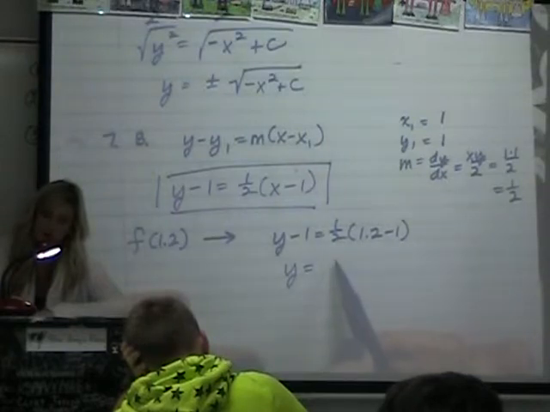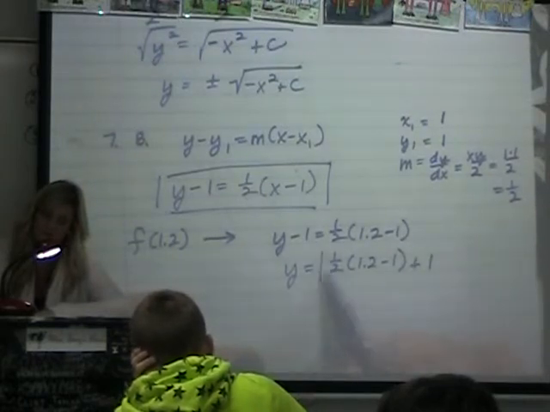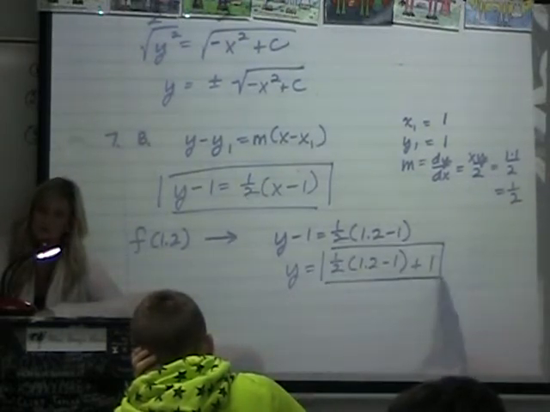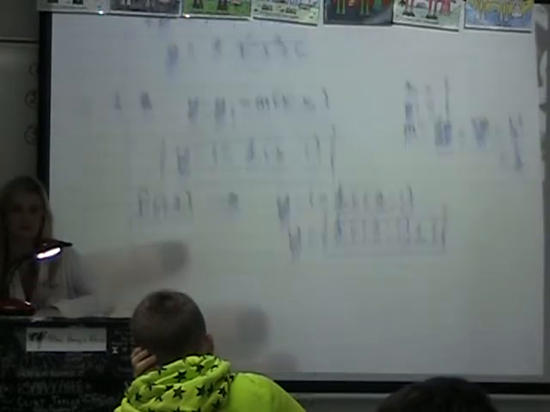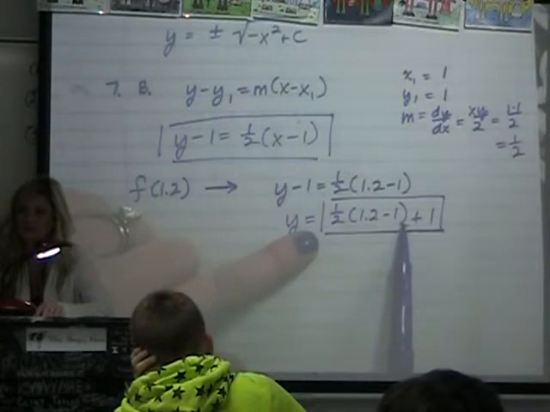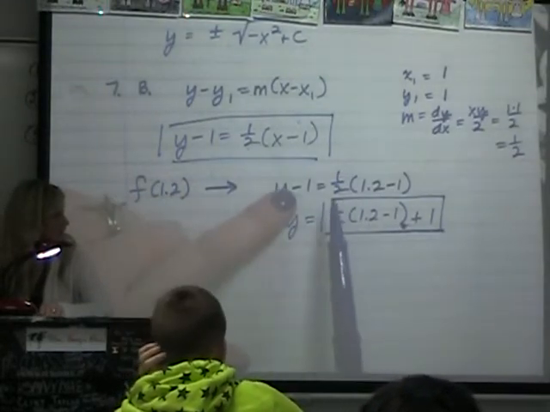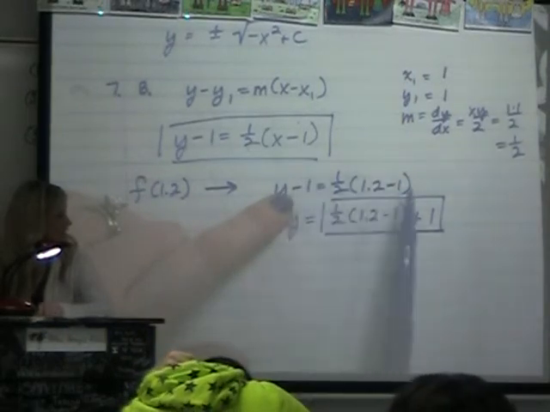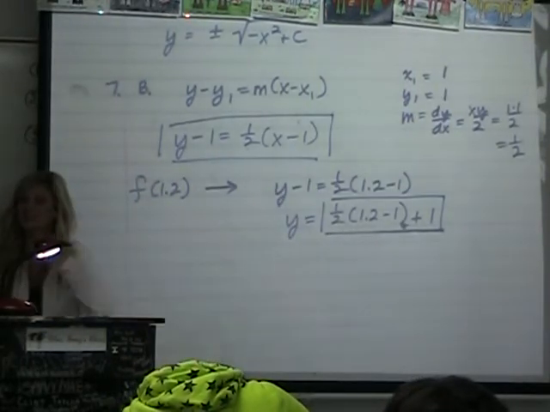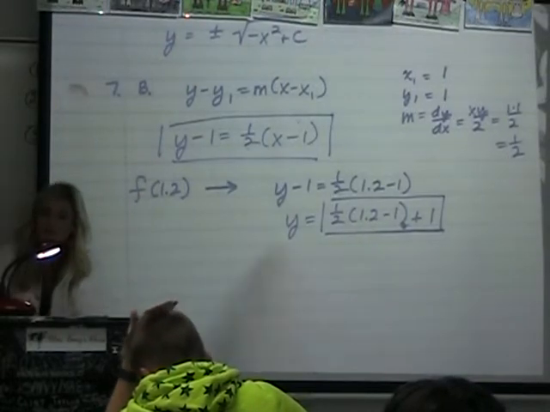And believe it or not, you may leave your answer like this and get full credit. All I did is I subbed in 1.2 for x and I got y by itself, and then I just stopped. They have to give you full credit if you have y by itself.